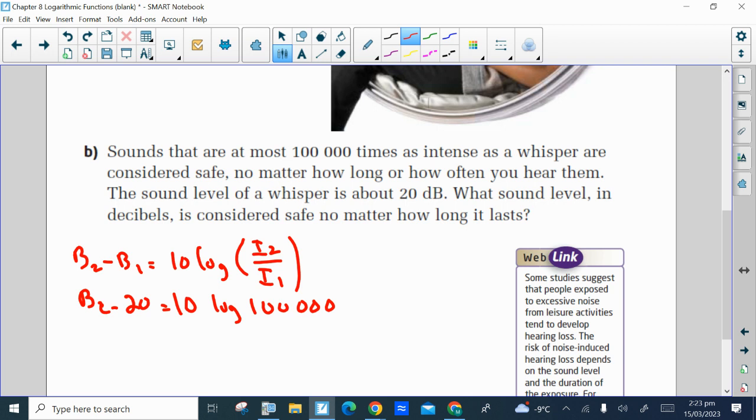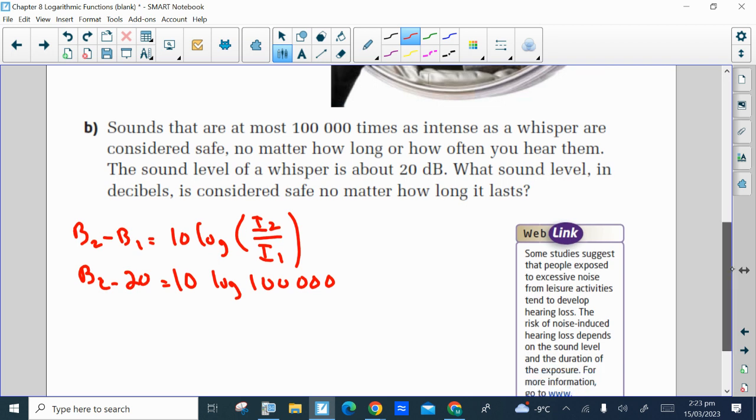We found that out. We got 316 approximately. That was what I sub 2 over I sub 1 equaled. In this case, we're given that number. The sounds that are at most 100,000 times as intense as a whisper are considered safe. What is that decibel level of that sound if the whisper has a decibel level of 20 decibels?